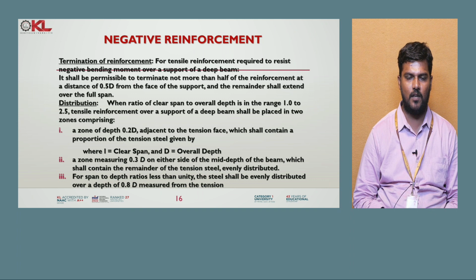And a zone measuring 0.3 D on either side of the mid depth of the beam, which shall contain the remainder of the tension steel, evenly distributed.